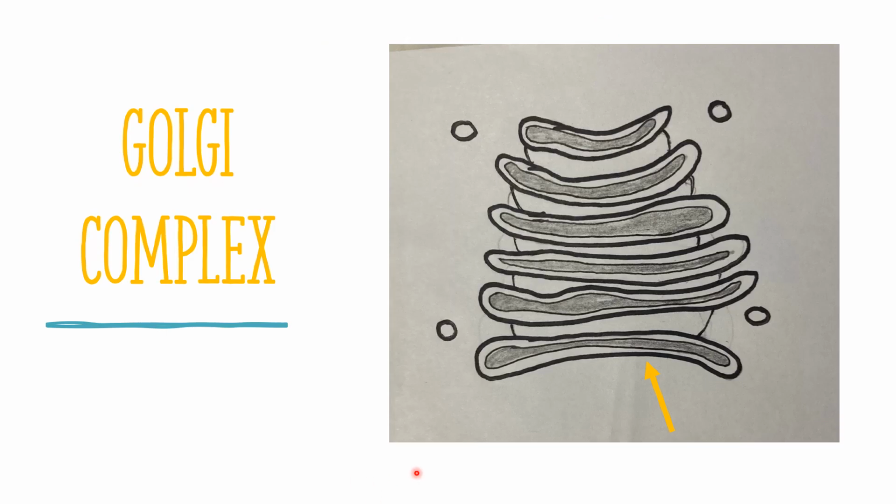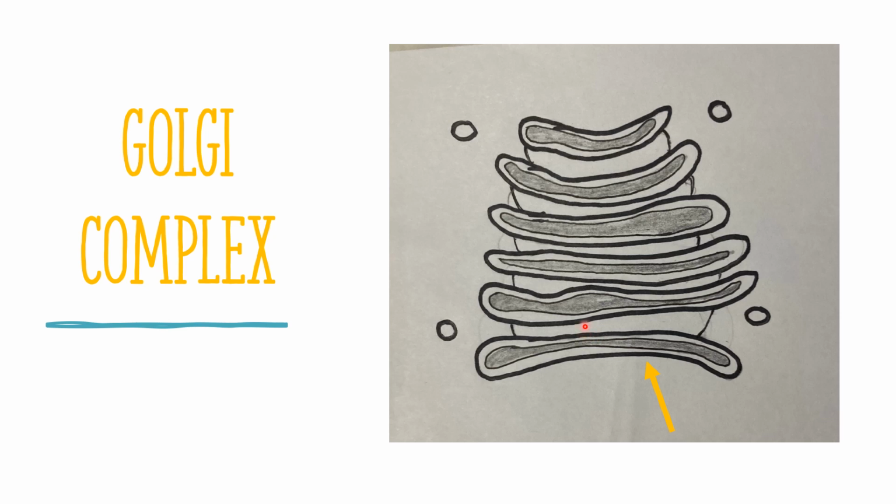Alright, so this is the Golgi complex, and this is a small stack or small stacks of cisternae, which are the cisternae right here. So the outer layers are what we call cisternae, and the Golgi complex is the one that finishes off the proteins that came from the ER or endoplasmic reticulum.